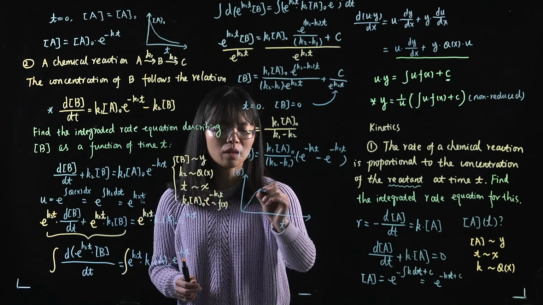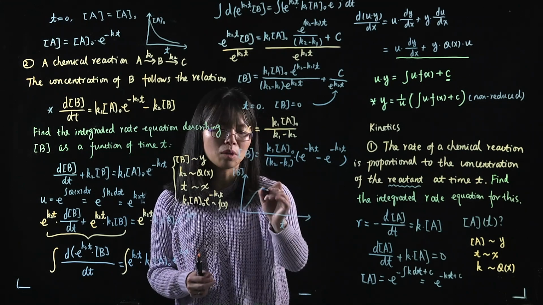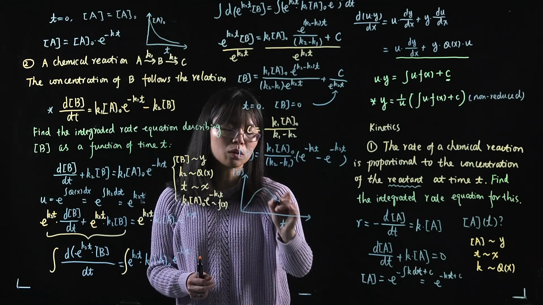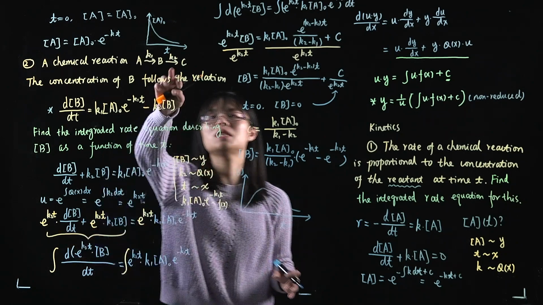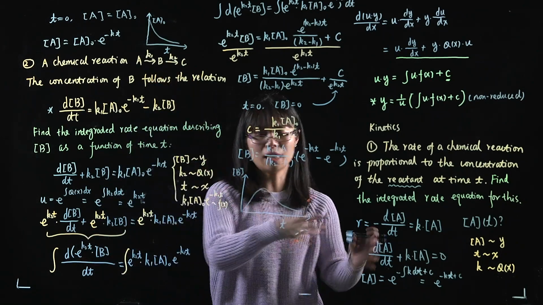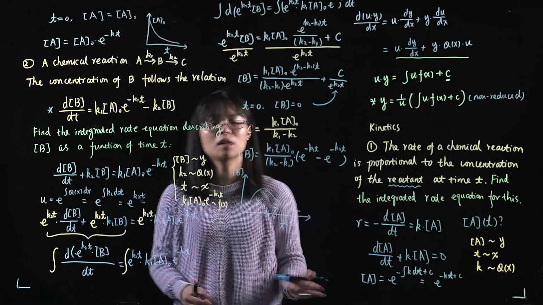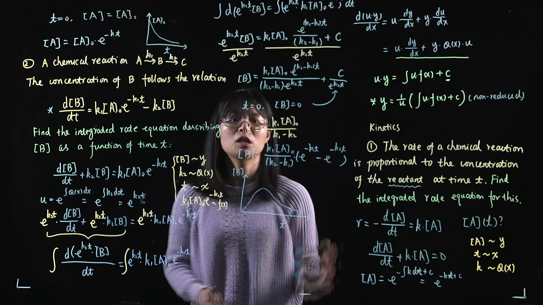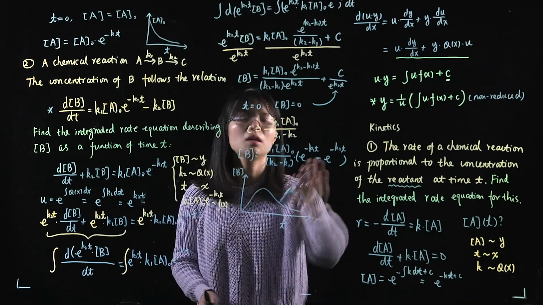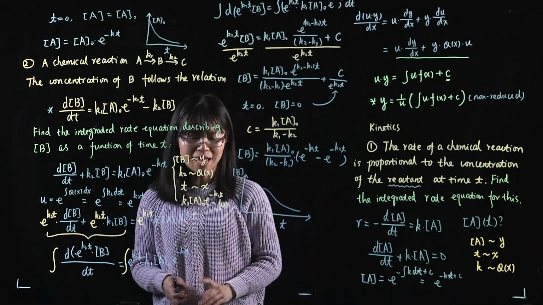At a certain point, it will reach a maximum, but afterwards, it's going to decrease because the B is used to generate C, which consumes B. So this is the trend of the concentration of B along the progression of the chemical reaction if you use the expression to plot that.